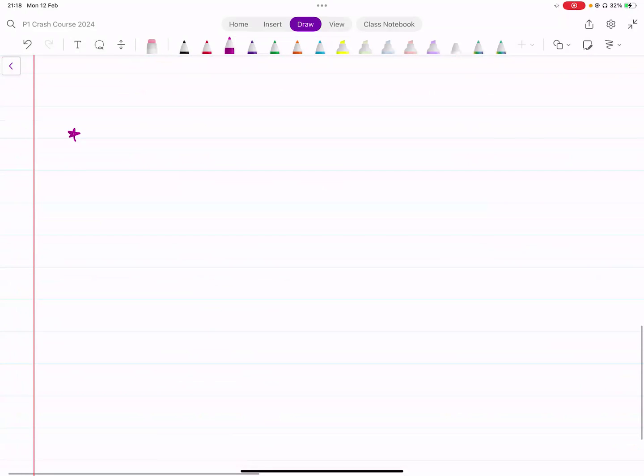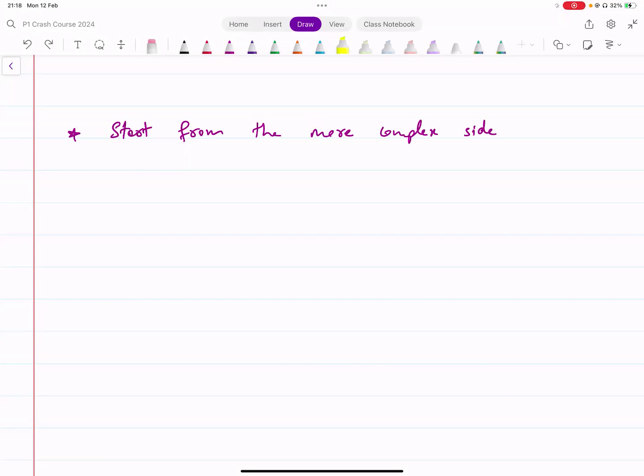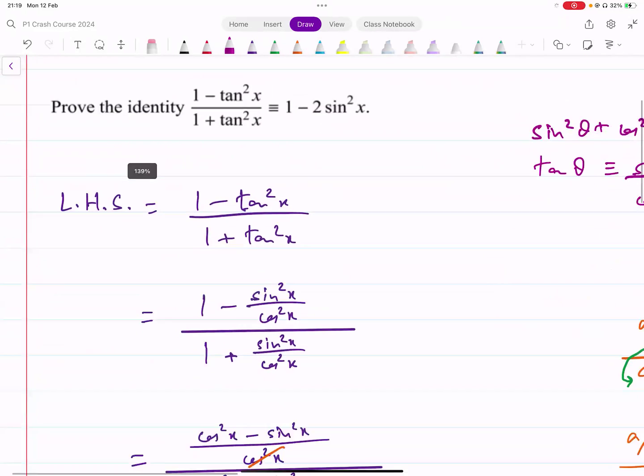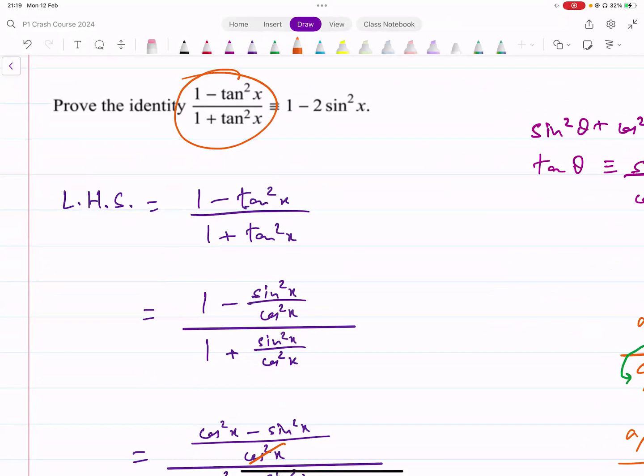The idea is you start from the more complex side. Start from the relatively more complex side. Now, how do you decide which side is more complex? That's the question, right? If we look at this, you have a fraction on the left side. On the right side, you do not have a fraction.